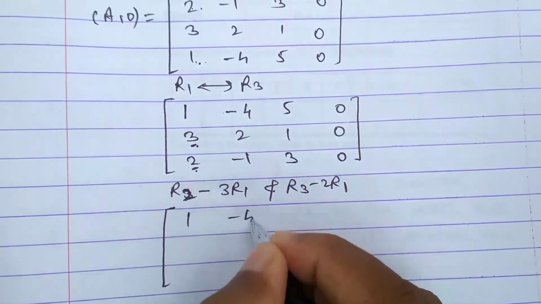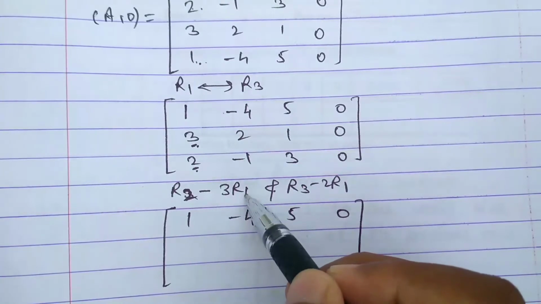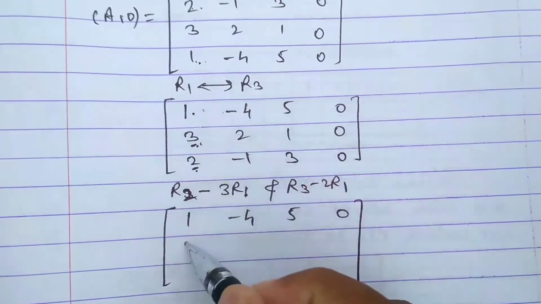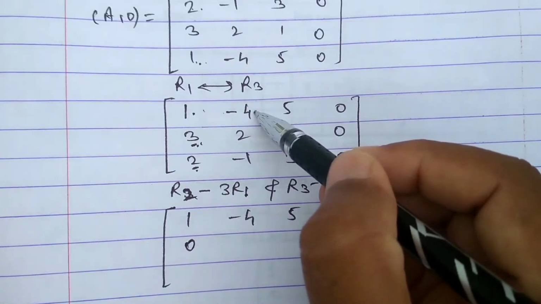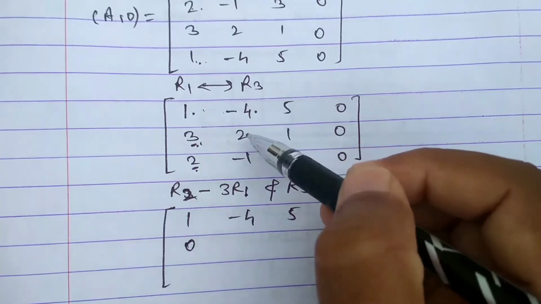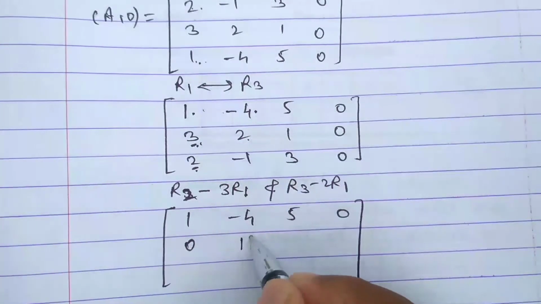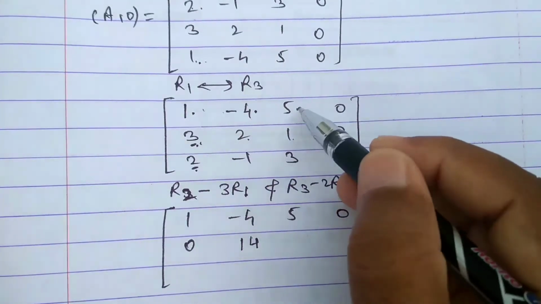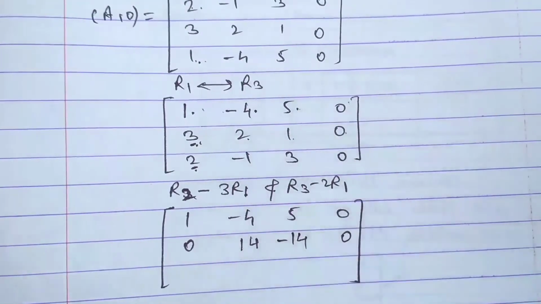So R1 as it is, R2 minus 3 times R1. 3 times 1 is 3, 3 minus 3 is 0. 3 times minus 4 is minus 12, 2 minus minus 12, that means 2 plus 12, it is 14. 3 times 5 is 15, 1 minus 15, it is minus 14. And 0 minus 0, you will get 0.